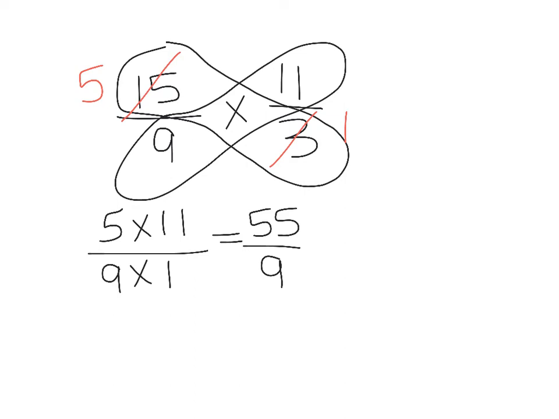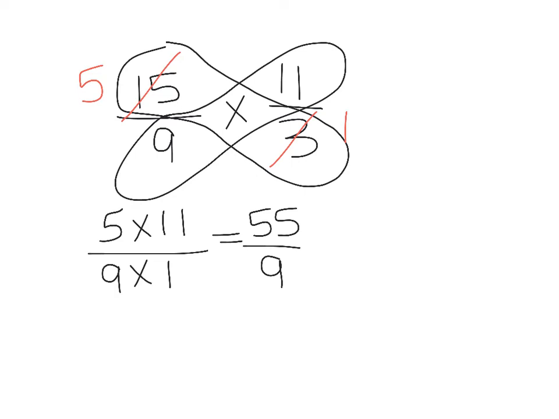However, we don't want to leave our answer as an improper fraction, and so we need to change it into a mixed number. When you have an improper fraction, or any fraction, the fraction bar acts like a division symbol. So really we can think of 55/9 as 55 divided by 9.